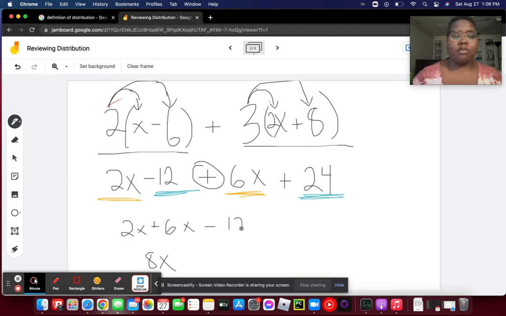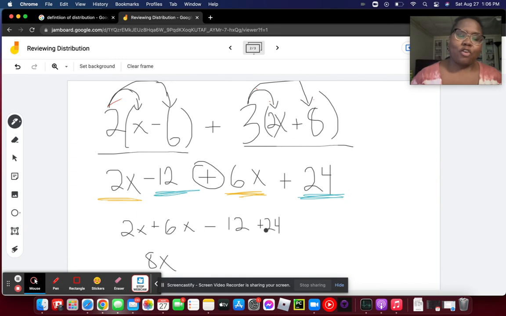And then left over, we have minus 12 plus 24. Those don't have a variable attached to them, but they're like terms because they're both numbers. We've been adding numbers for quite a while. If you've gotten to distribution in your school career, then you should have been adding basic numbers for a while.